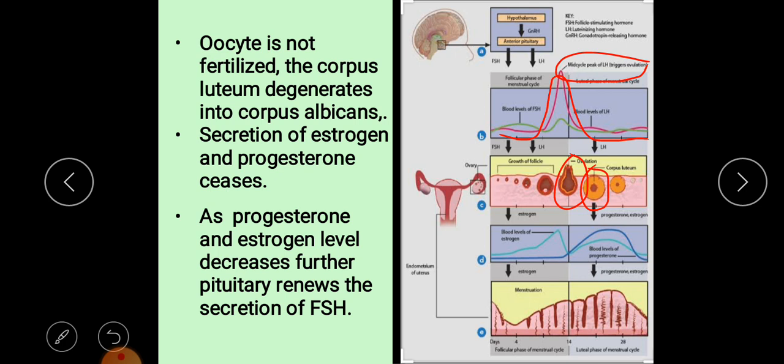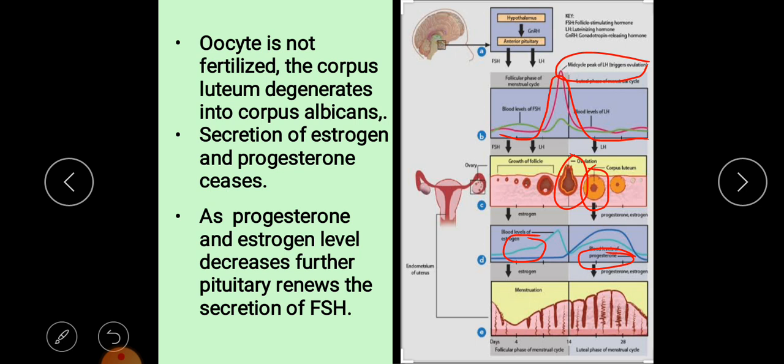When the corpus luteum formation takes place, the LH hormone stimulates the corpus luteum and it produces not only estrogen but another hormone as well, progesterone. These two hormones increase at the corpus luteum stage, in the post ovulation.